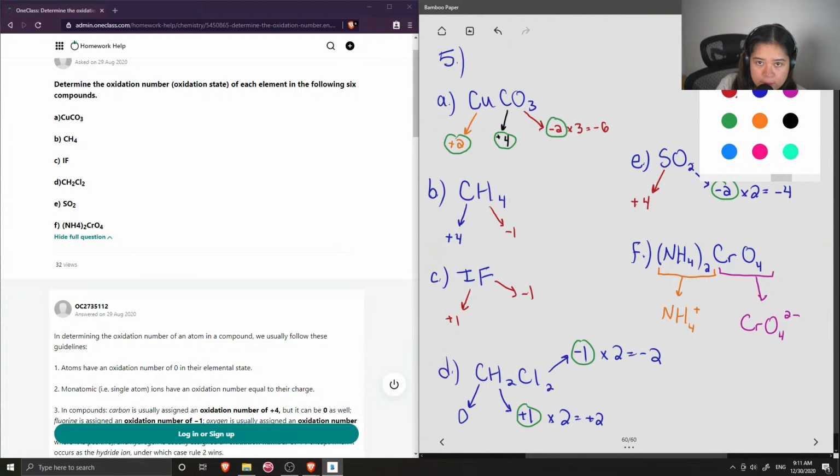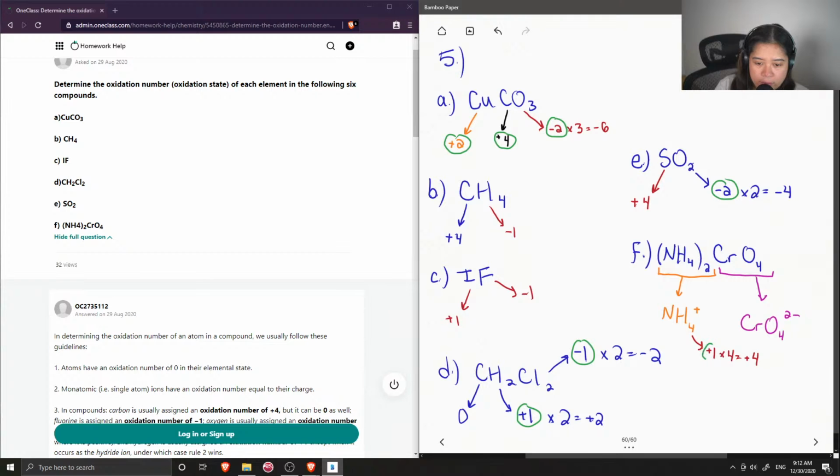Okay, so let's do the ammonium first. If we recall that hydrogen tends to have a +1 oxidation number, since there are 4 atoms, then overall they give off a +4 charge.